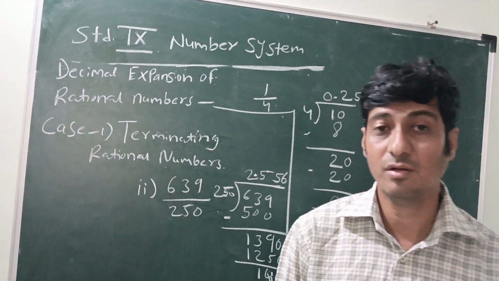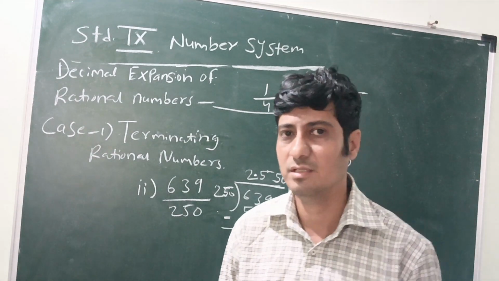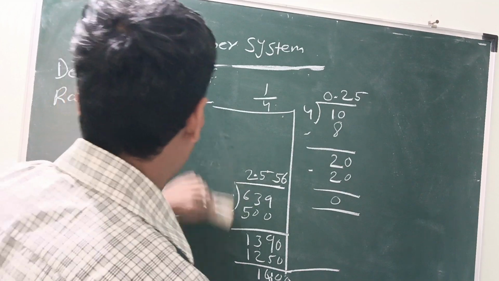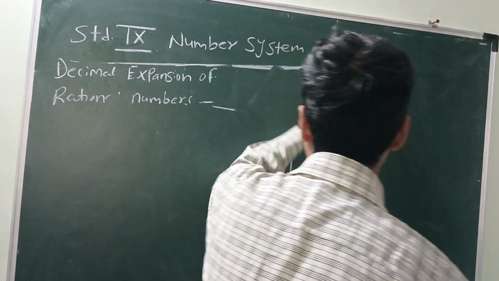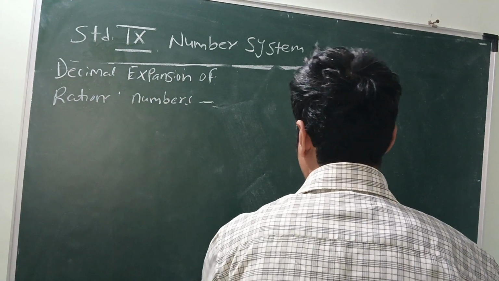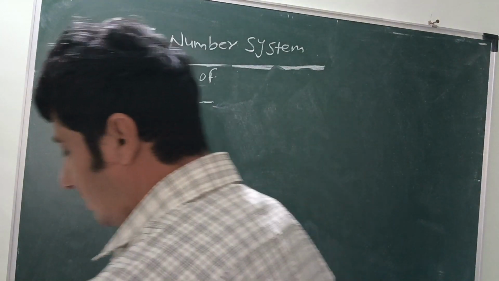Now let's go to the non-terminating type of rational numbers. Let's see that example in which the remainder is not 0. Case 2 is non-terminating type of rational numbers in which the remainder is not 0.